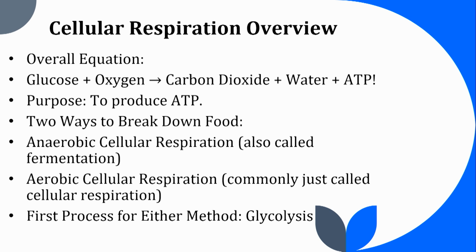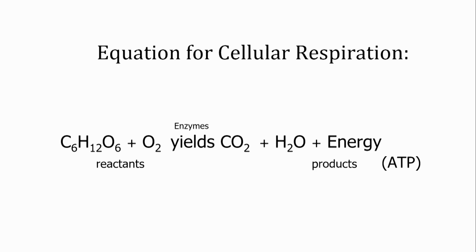This is what your cells will do if there is oxygen. This is often referred to as cellular respiration, and this is what we really want to do. This is how we make the most ATP out of the food that you're eating. Okay? The first process for either one, if you're doing anaerobic, if you're doing aerobic, you always start off with glycolysis. That's our starting point, okay? And that's what we'll get started with first.